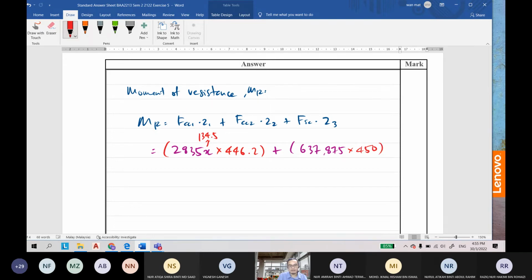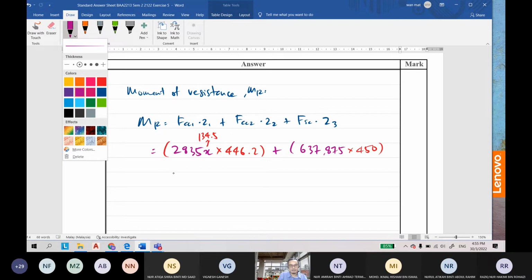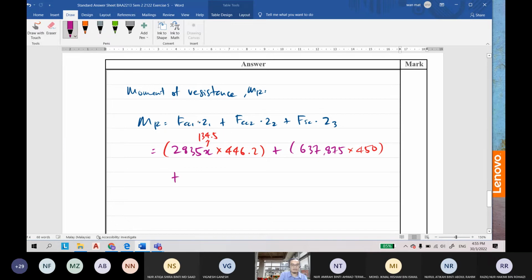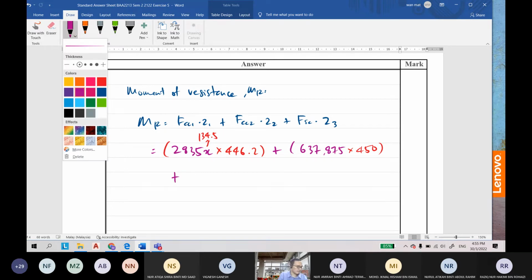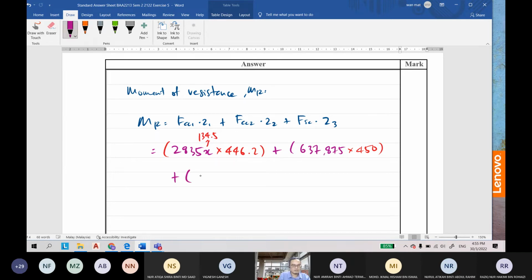And then plus FSC, 262,305, multiplied by Z3, which is also 450.